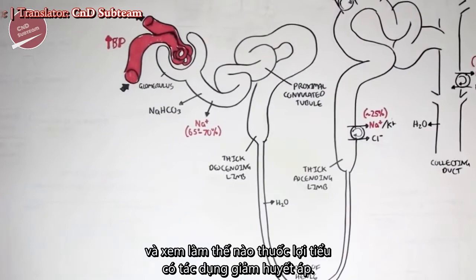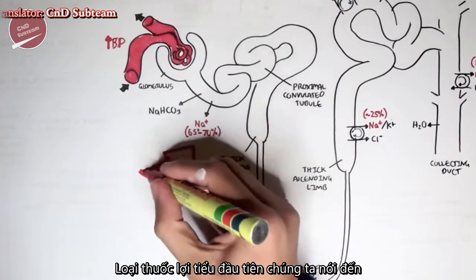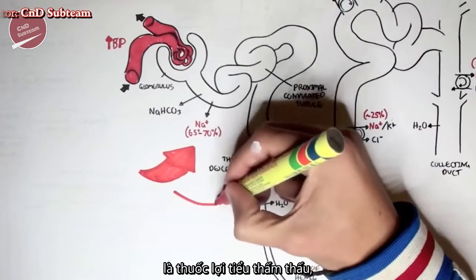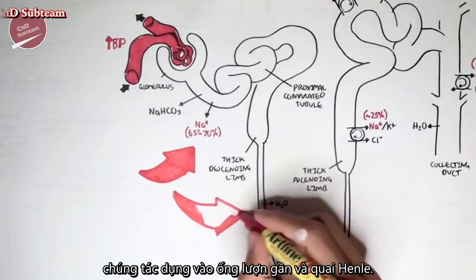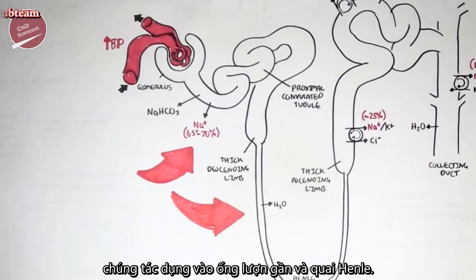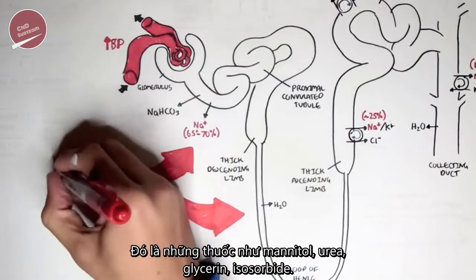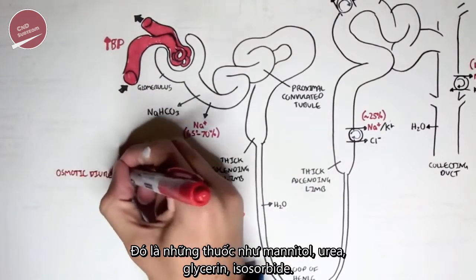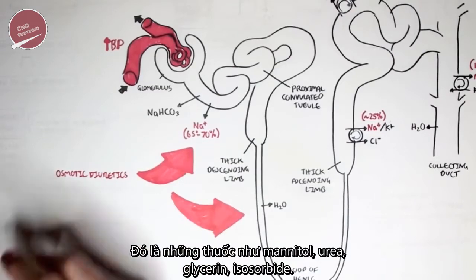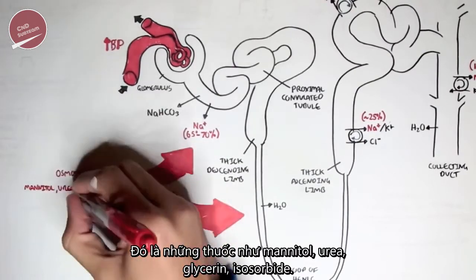The first type of diuretics we'll talk about is osmotic diuretics, and they work in the proximal convoluted tubules and also the loop of Henle. These are things such as mannitol, urea, glycerin, and isosorbide.